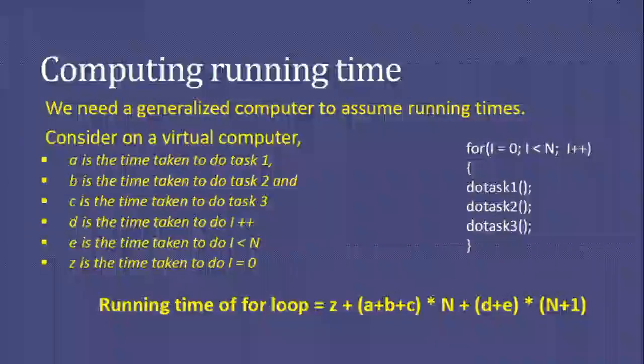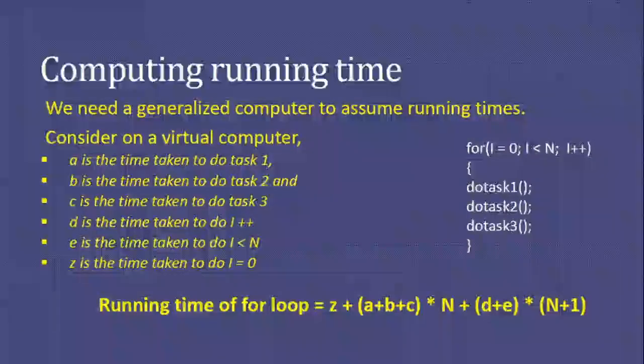Coming to the for loop initialization, consider z is the time taken to do i equals 0, e is the time taken to do the comparison i less than n, and d is the time taken to do the increment operation i++.